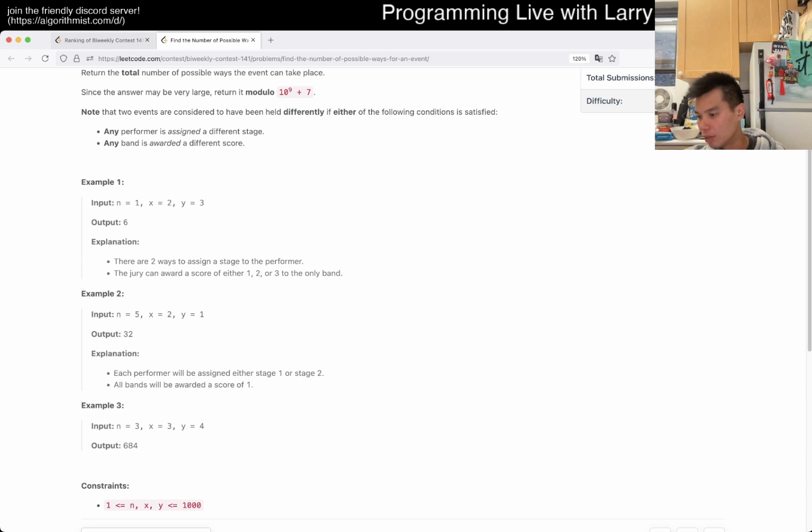Okay, so 3 choose 3 is 1, and 3 to the 1 group is 3. 3 choose 2 is, what is 3 choose 2?